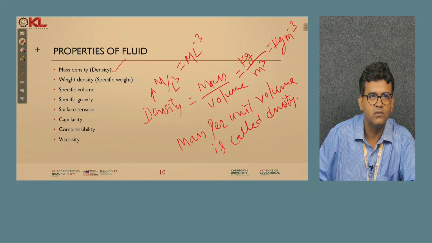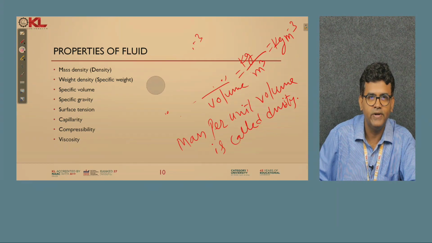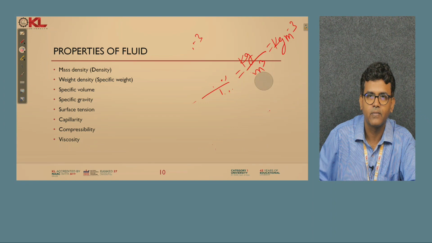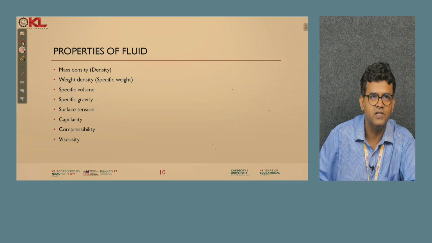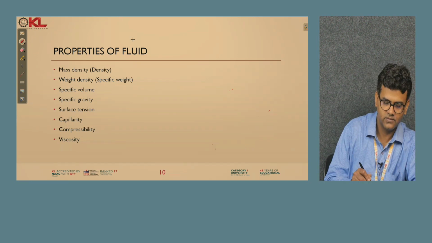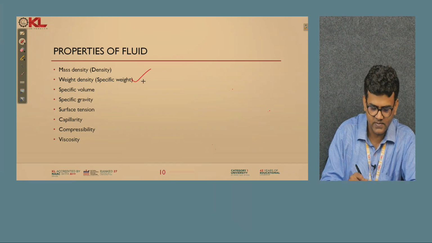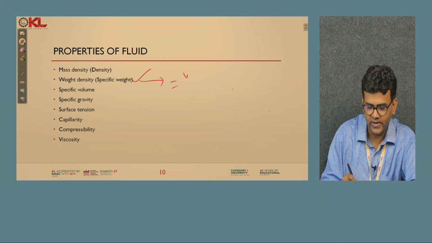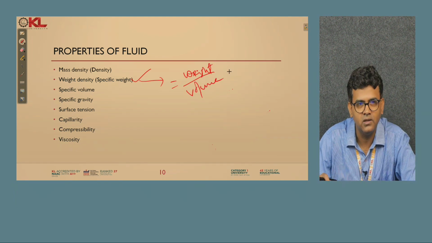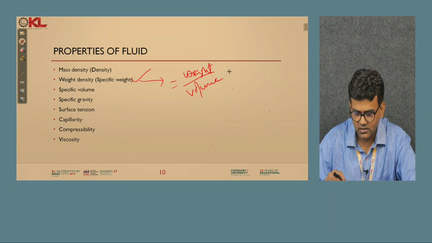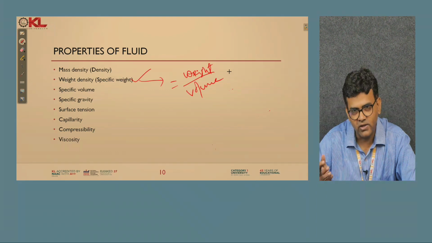Next we are going to discuss the weight density. What is weight density? Weight density, also called the specific weight, means weight upon volume, that is, the weight per unit volume.